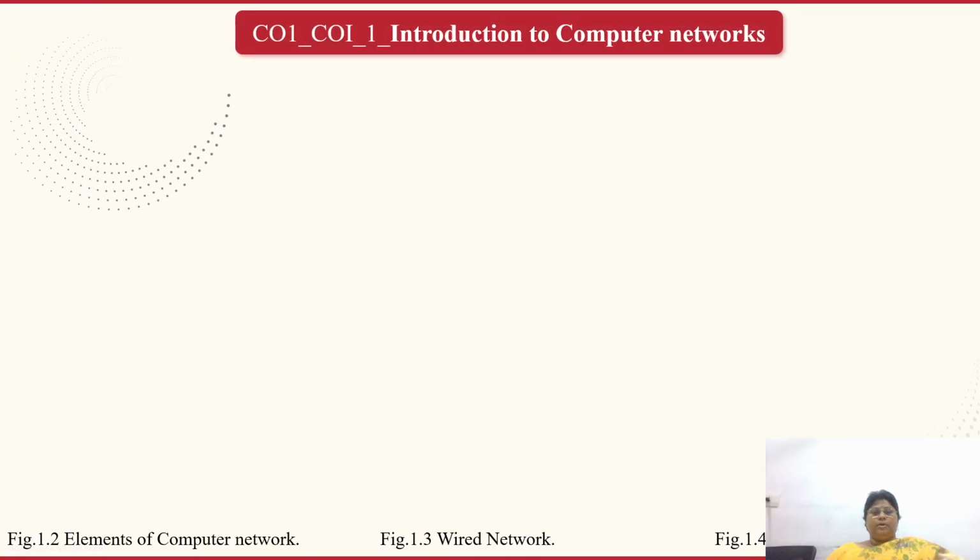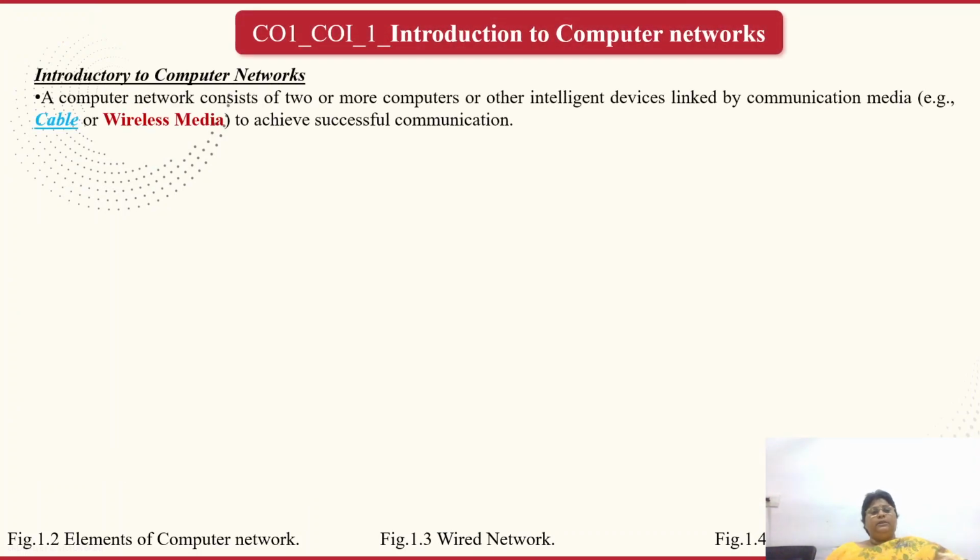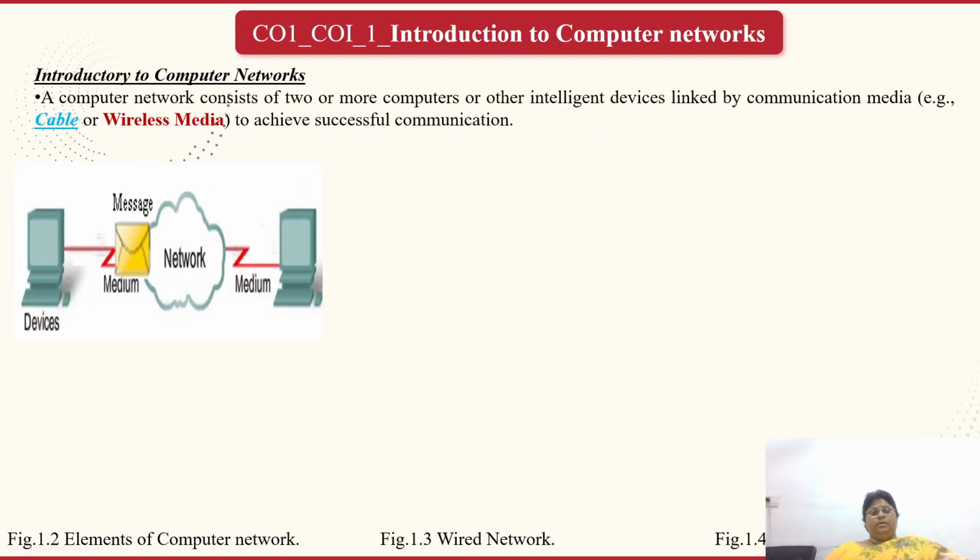Introduction to computer networks. A computer network consists of two or more computers or other intelligent devices linked by a communication medium, cable or wireless media. Basically, your communication system will consist of a transmitter, a receiver, a medium which is carrying the information, that is your message, and a network.